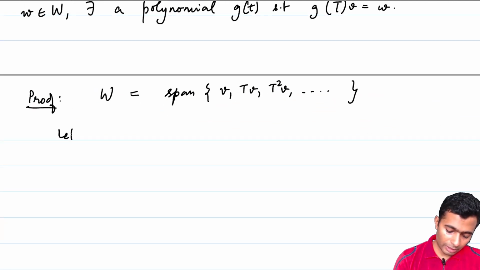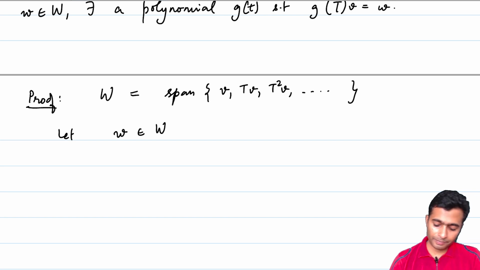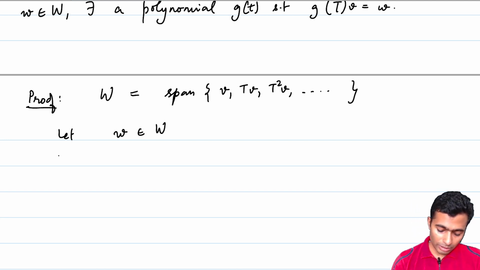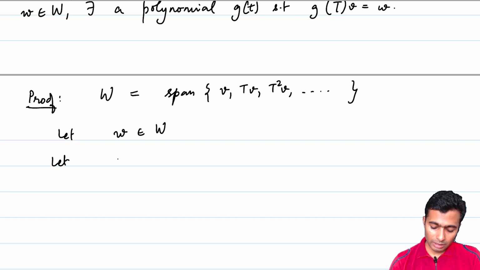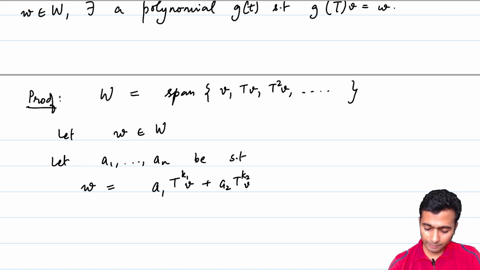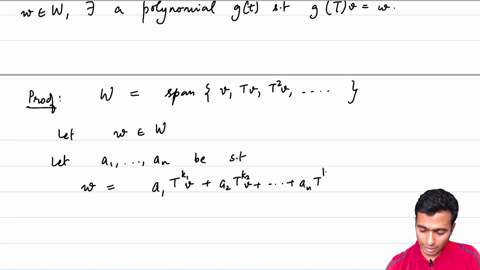Okay, so let w be in capital W. That means it is in the span of v, Tv, and so on. So let a1 to an be such that w is equal to a1 T^k1 v plus a2 T^k2 v plus an T^kn v.